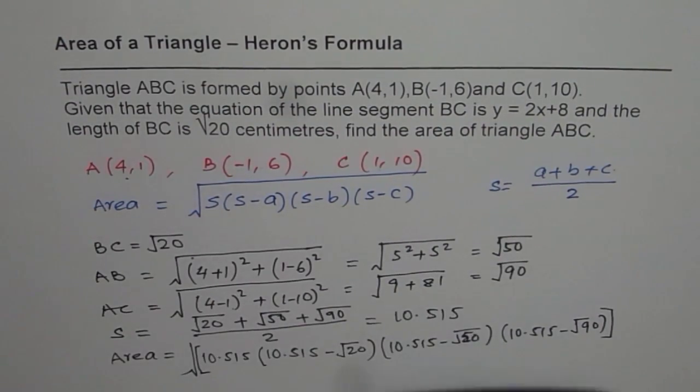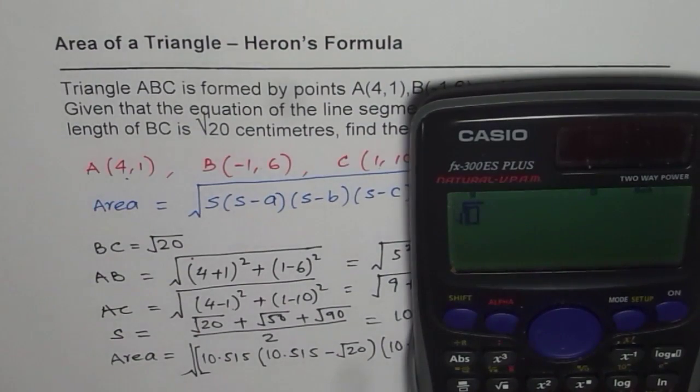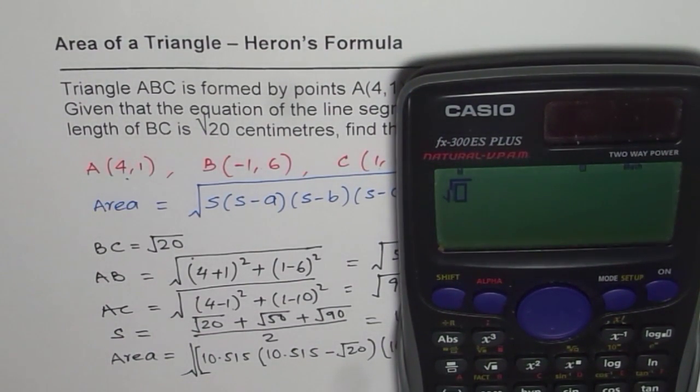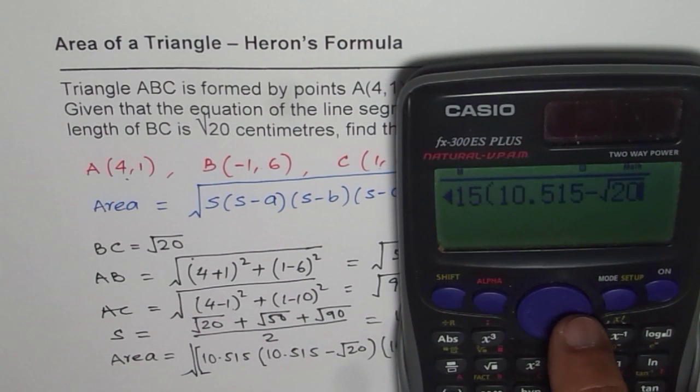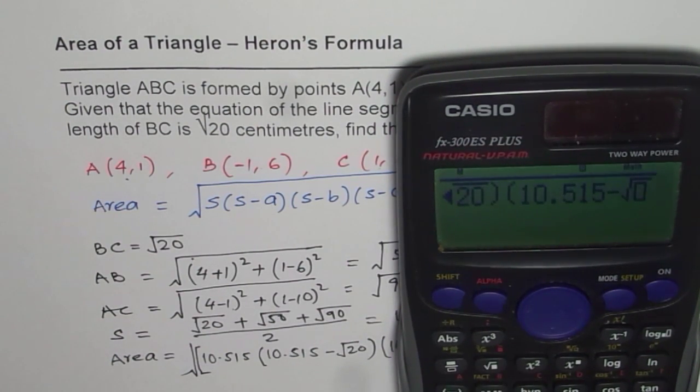So we have the square root of 10.515 times the bracket 10.515 minus square root of 20, then the bracket 10.515 minus square root of 50, then the bracket 10.515 minus square root of 90, equals, I hope we get the answer, 14.999.